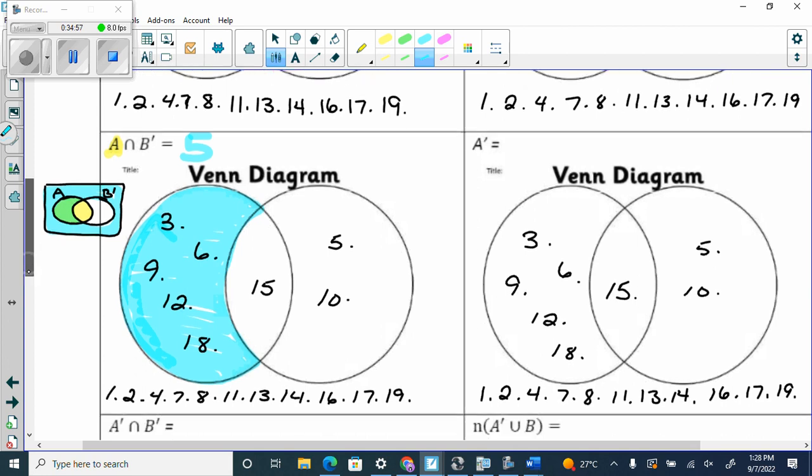Then not A, I just go to A and I say not today. So not A. So I circle around A and I circle the box when it's the complement, remember?